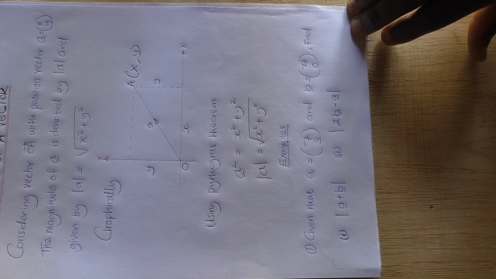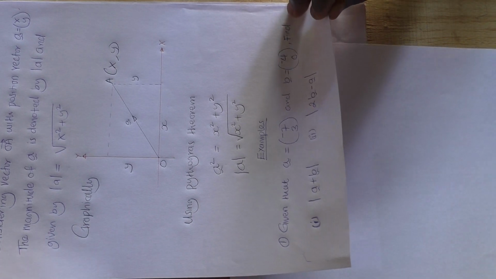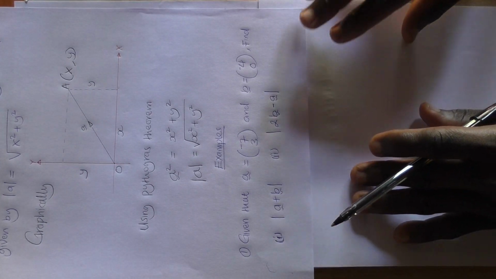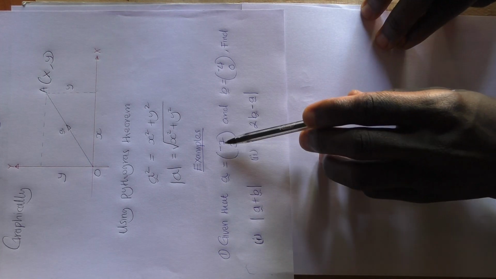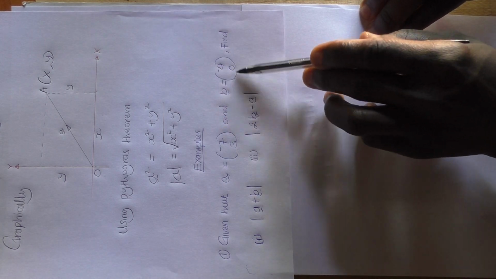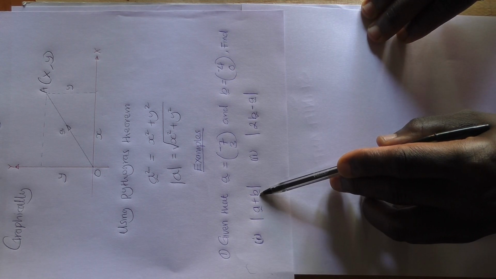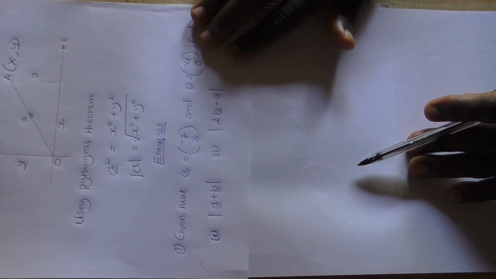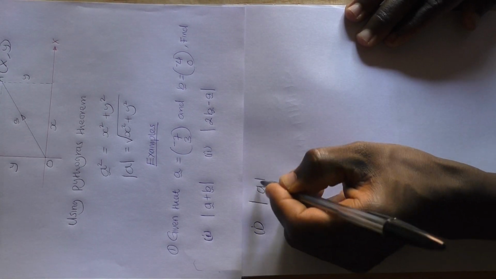Let us have examples. In our example, we are asked to find the modulus of A plus B. The question says, given that vector A is (-7, 3) and vector B is (-4, 0), find the modulus of A plus B and the modulus of 2B minus A. So for us to get the modulus of A plus B, we shall first add.